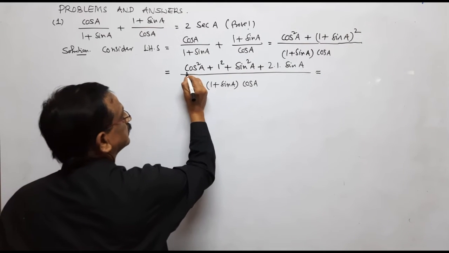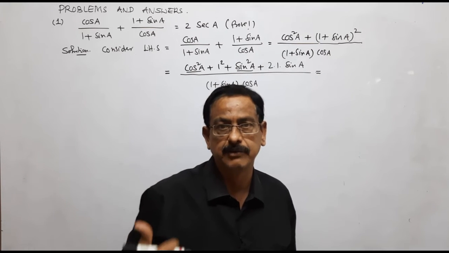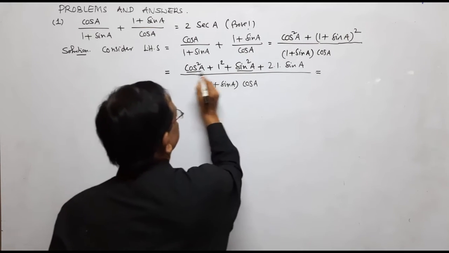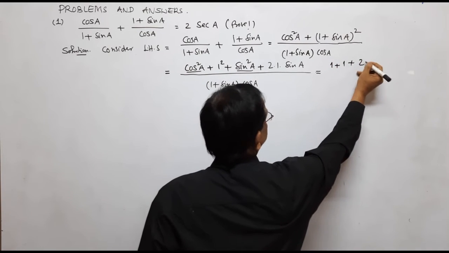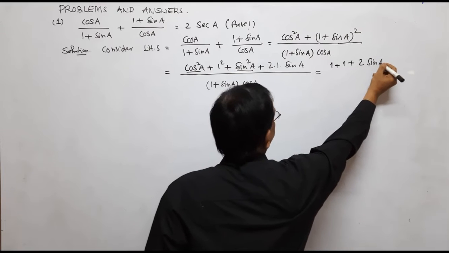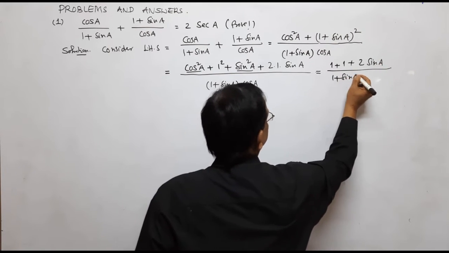Look carefully. This is cos square A and this is sin square A. So cos square A plus sin square A is 1. So I can write 1 for this. 1 square is 1, plus 2 into 1 is 2, 2 sin A by 1 plus sin A into cos A.